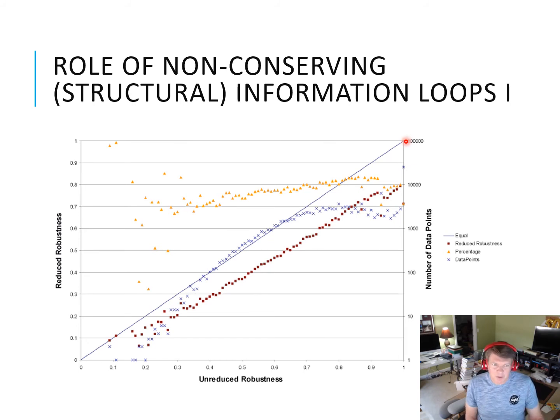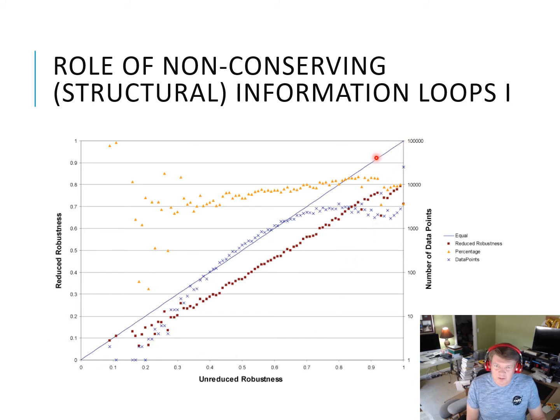So on the plot here, we have the unreduced robustness, which is the robustness of the network before we take away the frozen nodes, the non-conserving information loops, before we identify what the dynamic core is. And then we calculate the robustness for the reduced network, i.e. the dynamic core, the one with all those frozen nodes and non-conserving information loops removed from the system.